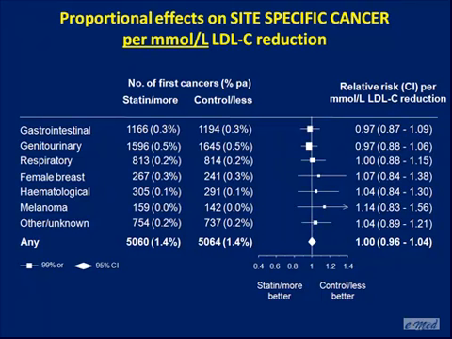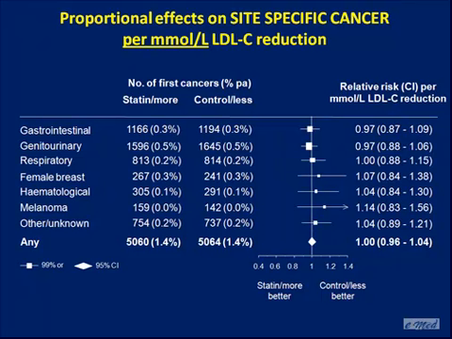If we look at the site-specific cancer, from the CTT meta-analysis, we have a very nice number. The number shows that in that meta-analysis of 170,000 patients that participated in those studies, there is no risk of cancer. There is no reduction of cancer, of course, but there is no risk of cancer.